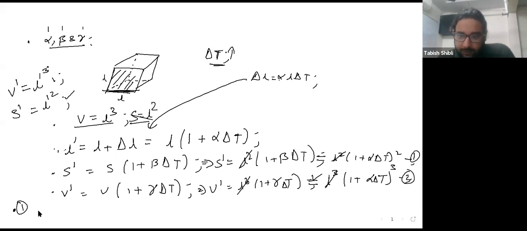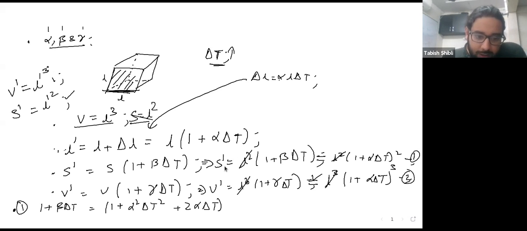So let's take equation 1 right now. What does it say? It says that 1 + beta delta T is equal to, expanding this square, 1 + alpha square delta T square + 2 alpha delta T.